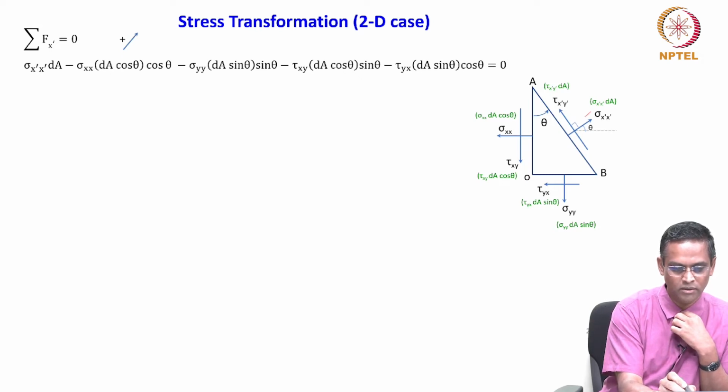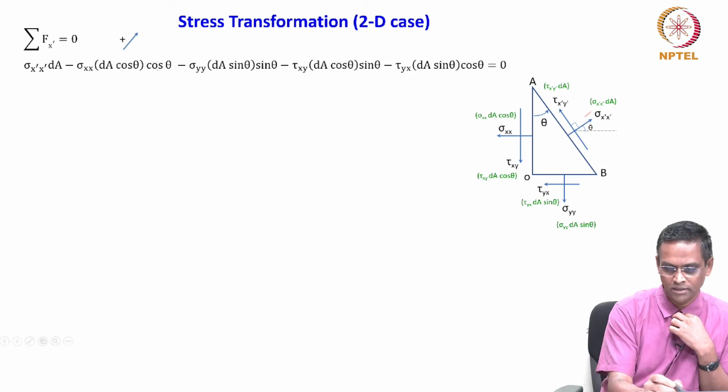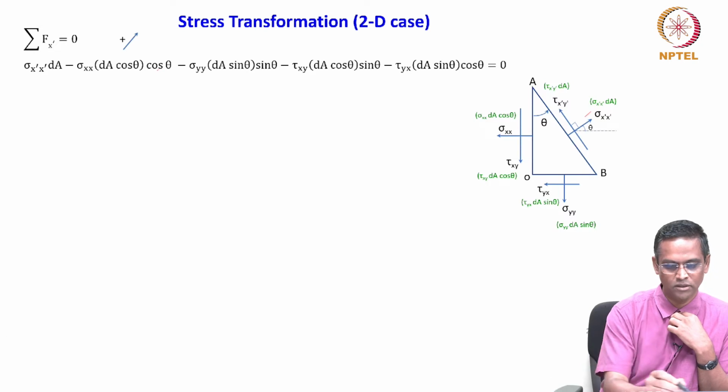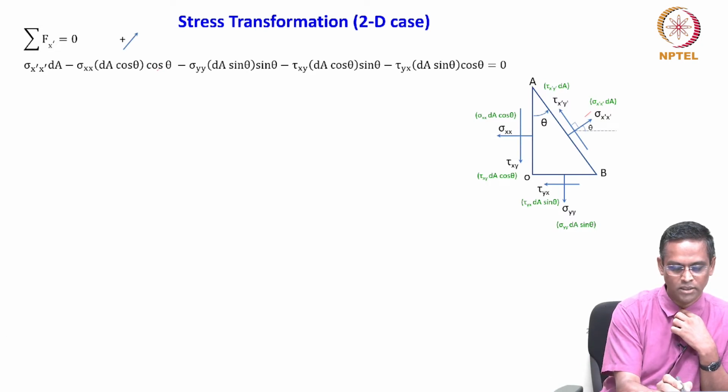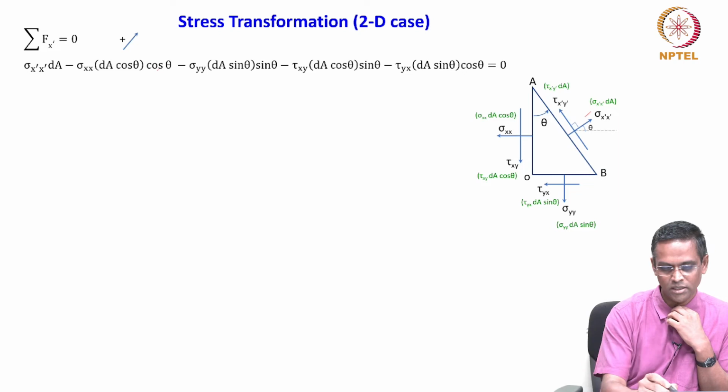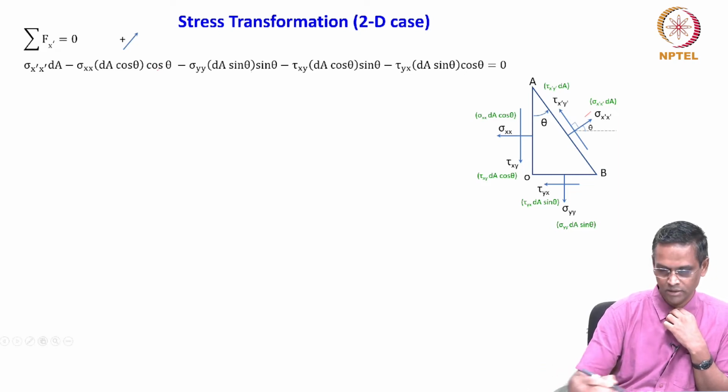Stress into area is a force, but then this additional cos theta comes because of this orientation. We have to take care of that, right. So, sigma xx dA cos theta, minus sigma yy, this component, which is negative again because of this orientation, minus sigma yy dA sin theta, and we are looking at this direction.